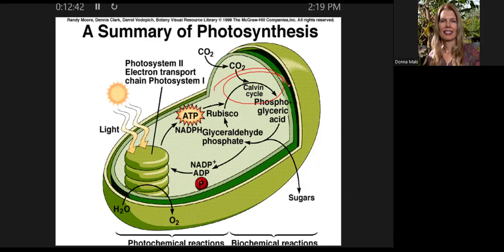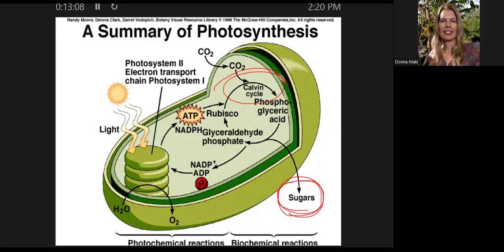And so the Calvin cycle is where you actually see the carbon dioxide getting brought in. If you're an autotroph, you can take in CO2 and make your sugars. Cyanobacteria do this, plants do this. And the Calvin cycle actually feeds into a different pathway.